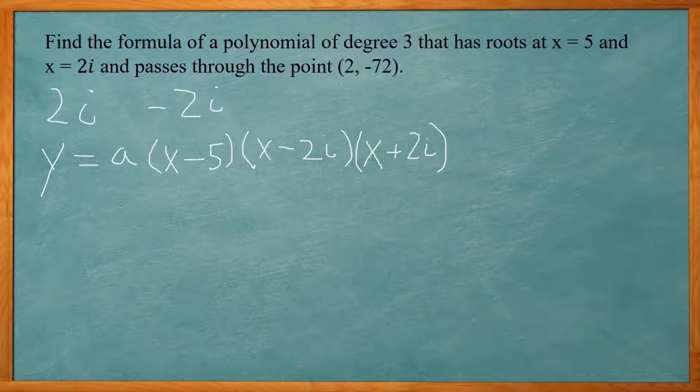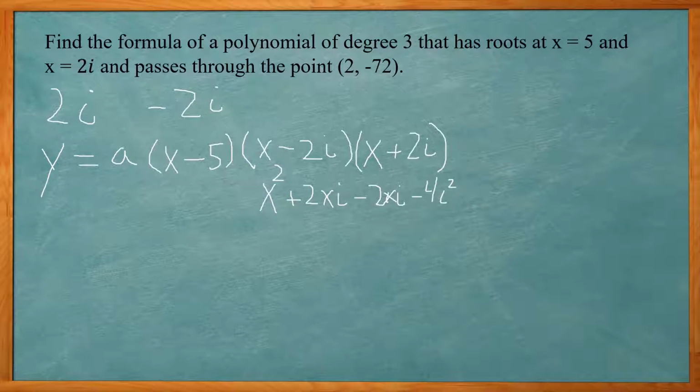Now I need to multiply this out, and make sure you multiply the complex roots first together. That makes it a lot easier. So x times x is x squared. x times 2i is 2xi. And -2i times x is another -2xi. And then -2i times 2i is -4i squared.